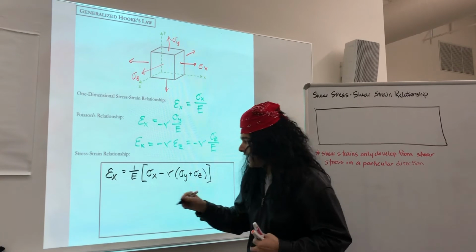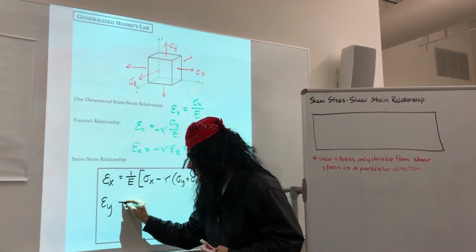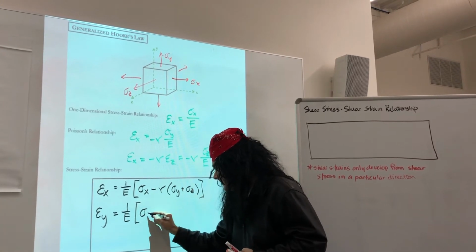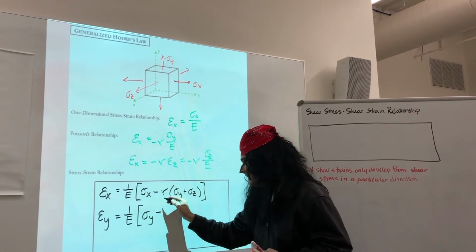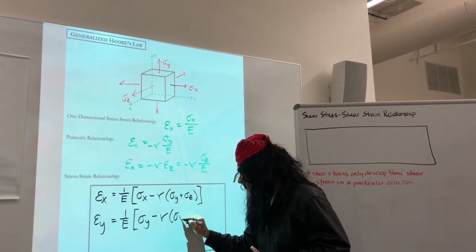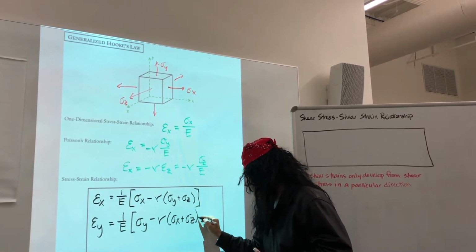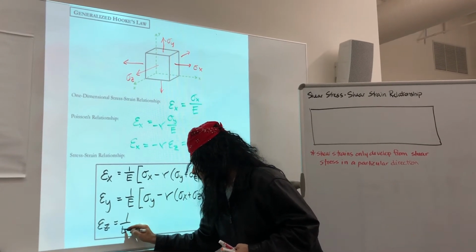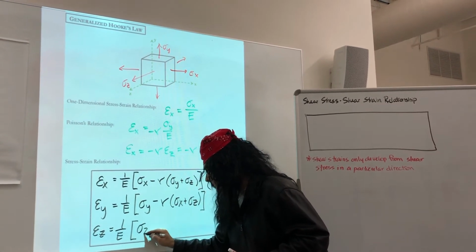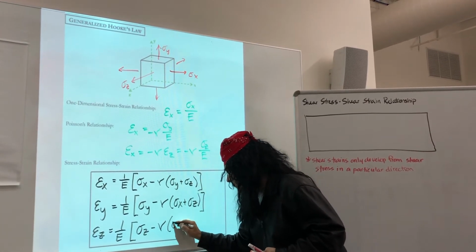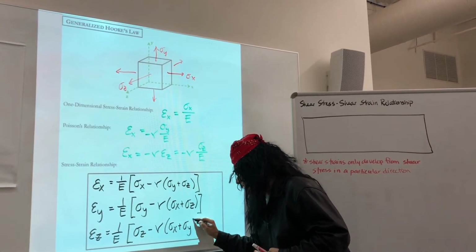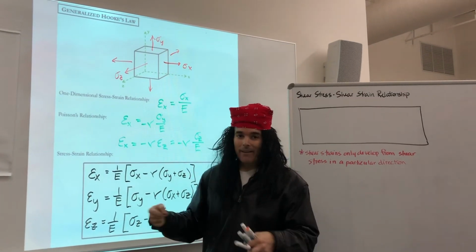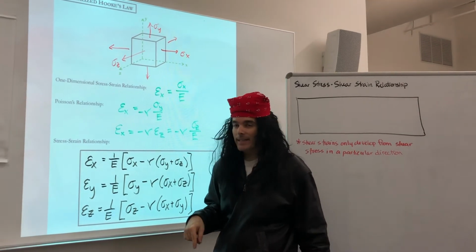Likewise, we can write the relationships for epsilon y and epsilon z just by switching sigma y with x. And we'll write epsilon z as such.